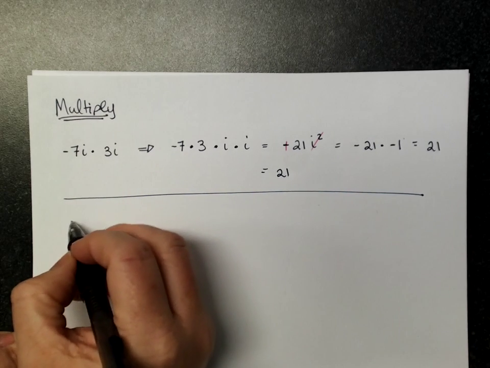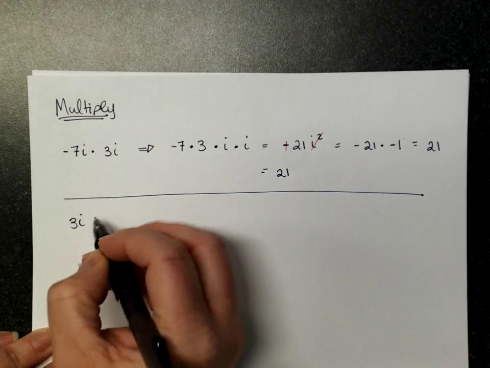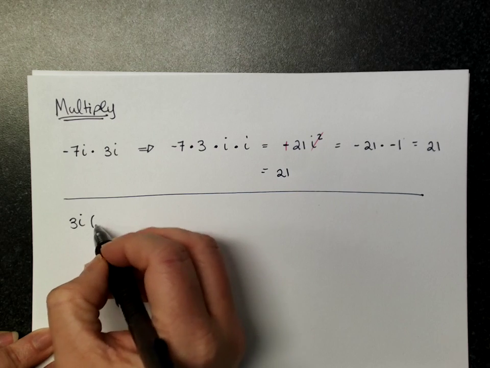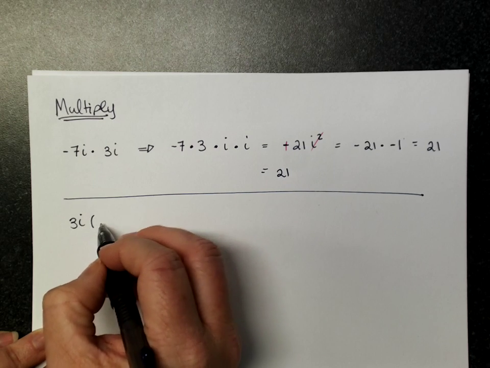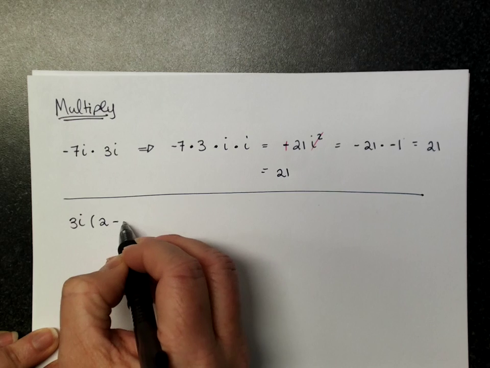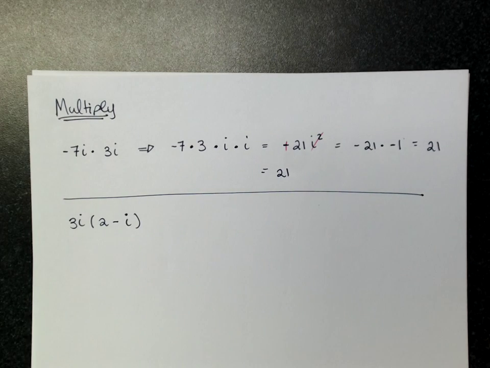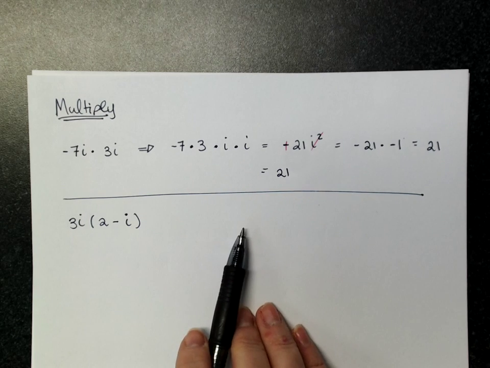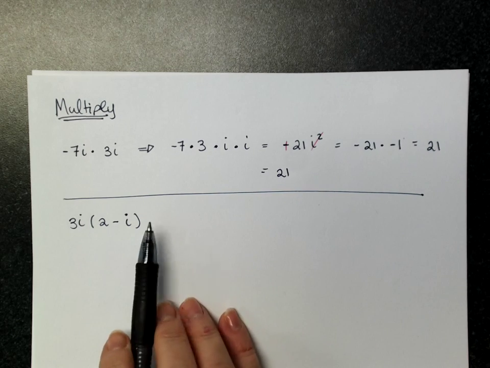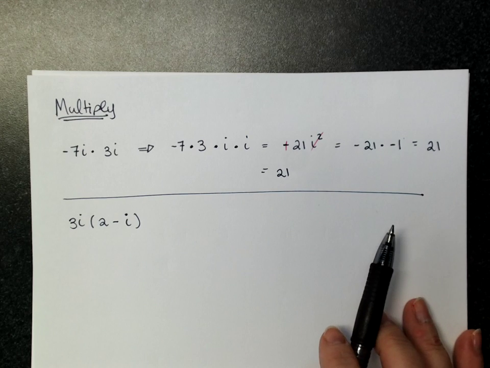Okay. Distributing. Now just like distributing with regular terms, like if this were 3x times 2 minus x, I'm hoping you're at the point where you're confident enough to do distribution with just regular x's, mostly mentally, that you can immediately just write down the answer and mentally handle the multiplication of the x's and the numbers.